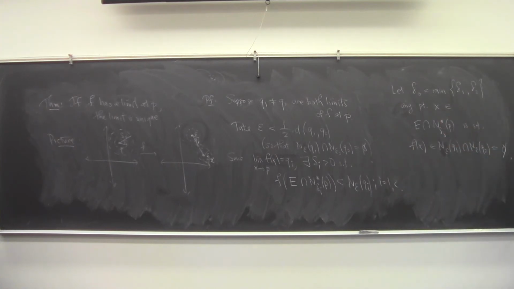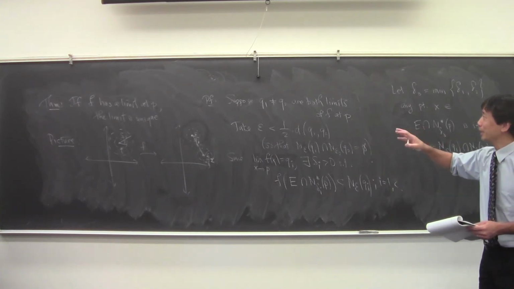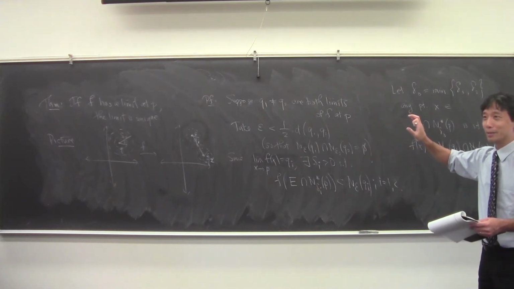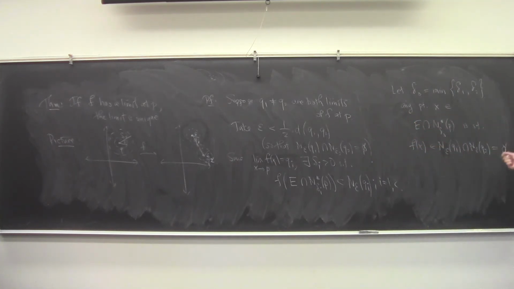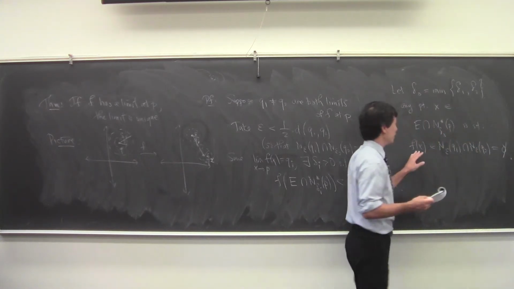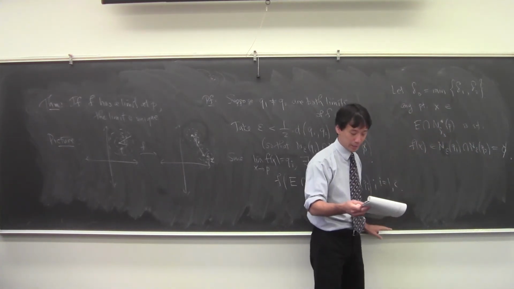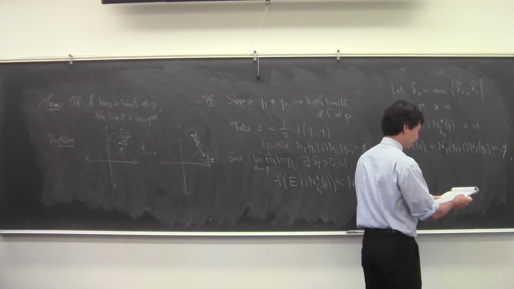And what prevents f from sending every x to the empty set? Like, why can't it send x to the empty set? This is a function, right? So it's defined on E, so it has some output, right? Okay. So f of x is going to lie in the empty set.